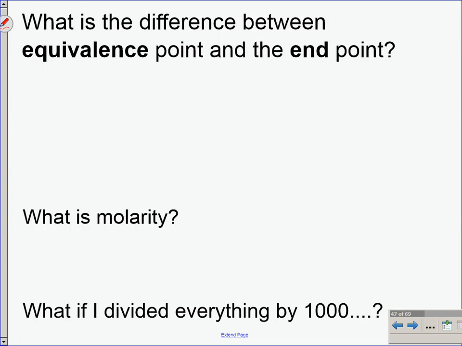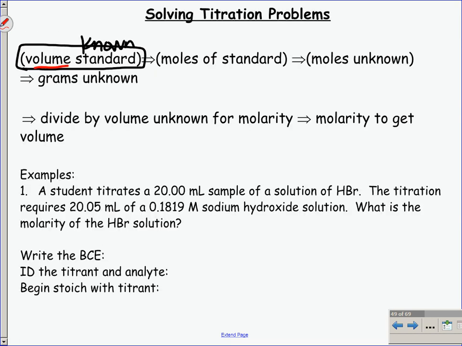You know everything about it. So let's say you pull the volume from looking at a burette, you're like, oh, I titrated about 20 milliliters, or you look at a graph, you always have your volume, but you also have your molarity. So what do you normally do when you have molarity and volume of the same thing? You multiply them together and you get moles, right? So remember, molarity times volume will give you moles.